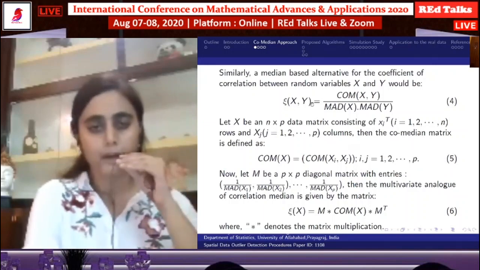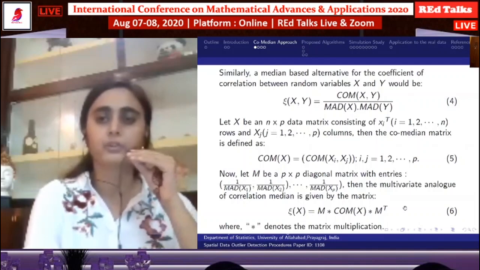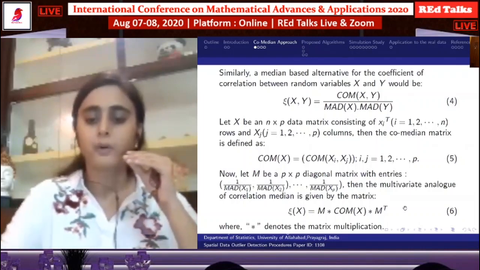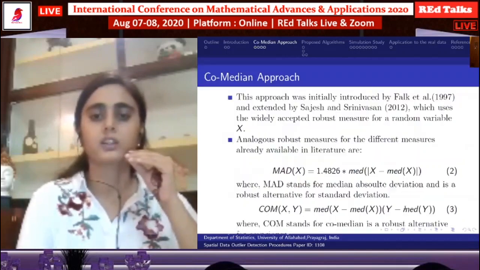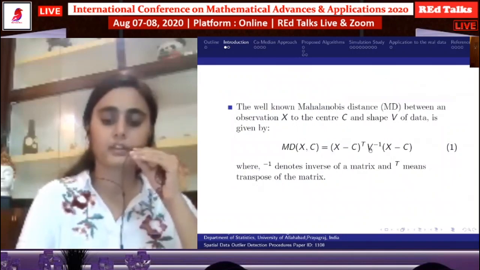Now, apart from various advantages of the comedian approach, like high robustness and a high breakdown value, there is a problem of non-positive definiteness. In order for this MD to remain a metric, it is necessary that this matrix is positive definite.